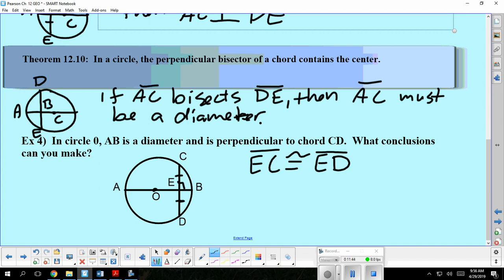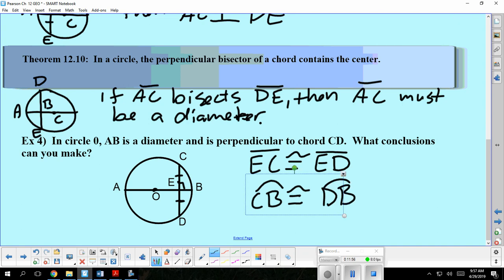If it's perpendicular, it must bisect that chord. And then we also know that arc CB is congruent to arc DB. All right, that is all for 12.2.